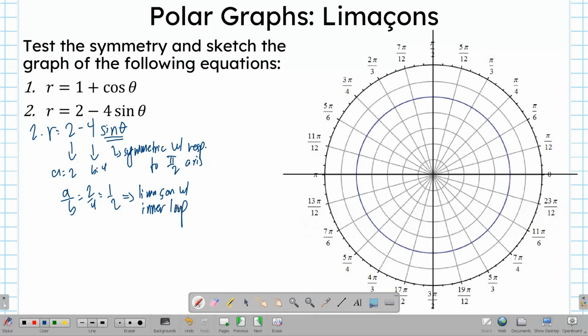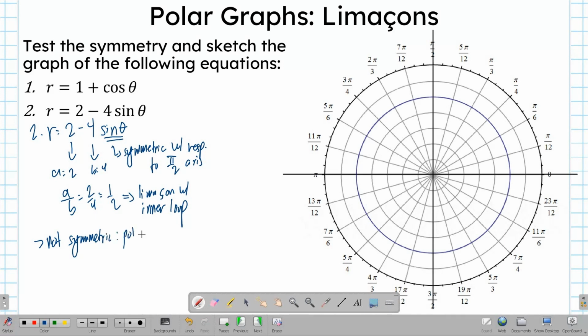I'm not going to show anymore the long computation for our symmetric test, but for the polar axis and pole, if you're going to double check, it really doesn't work. It's not symmetric.